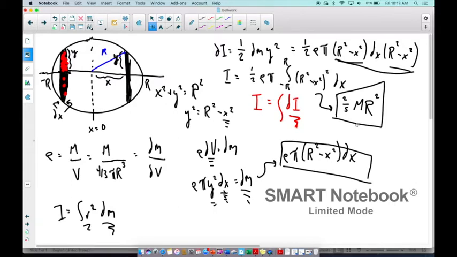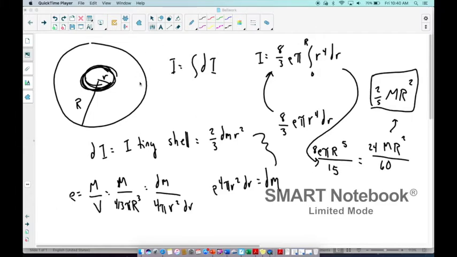Nice. Okay, so real quick, I wanted to go over another method of finding the I value for a solid sphere. Remember last time we did it by looking at it as if it was composed of all these disks? Well, we can also view the solid sphere as if it's composed of all these onion or gobstopper layers of infinitesimally thin, hollow spherical shells.